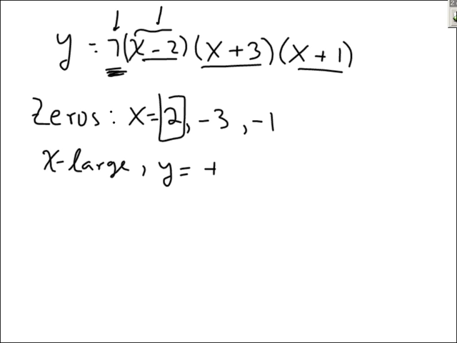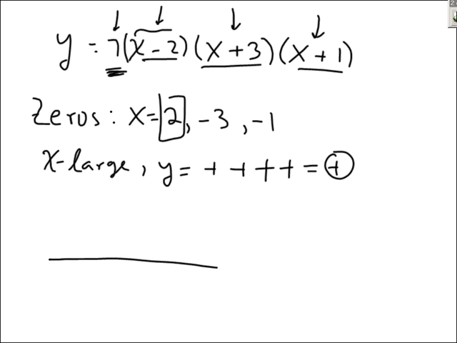If x is bigger than 2 and you take away 2, it's positive. If x is bigger than 2 when you add 3, it's positive. When you add 1, it's positive. It turns out that when x is large, it's positive. Alright. Now we go and we graph this.